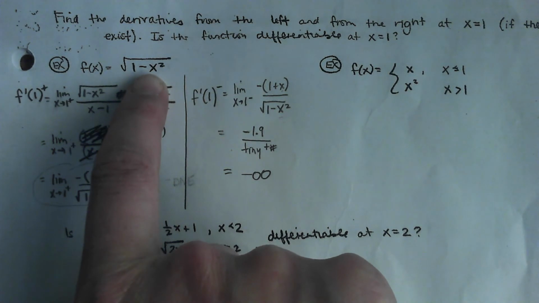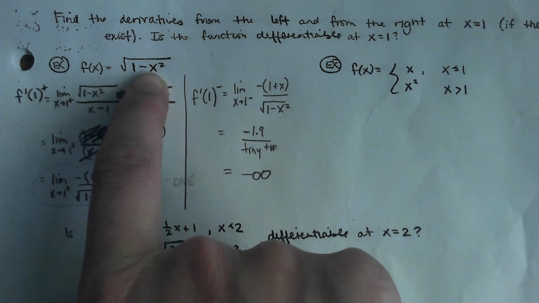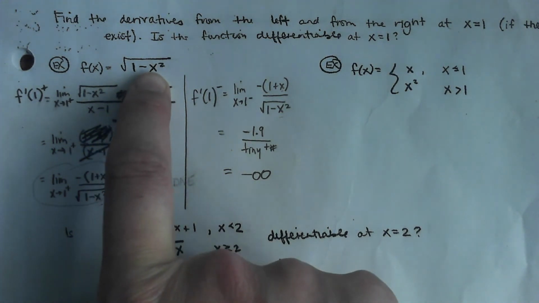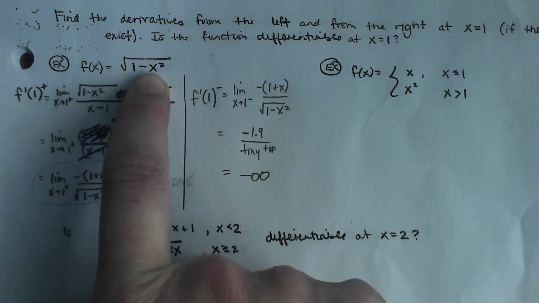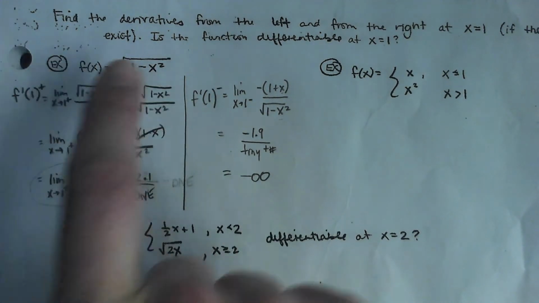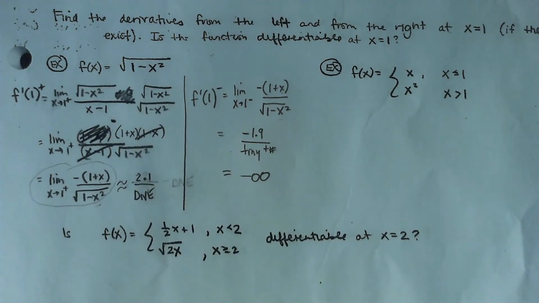So the domain is only between negative 1 and 1. So maybe you'd plug in negative 1, get a y coordinate, plug in positive 1, get a y coordinate, plug in a couple things in between that you think might make your life easier, right? Something that you'd be able to take the square root of. I'm not sure. You could play around with it and you could ballpark it.